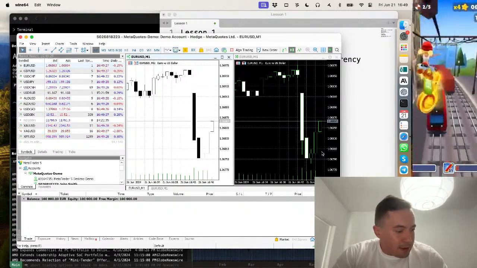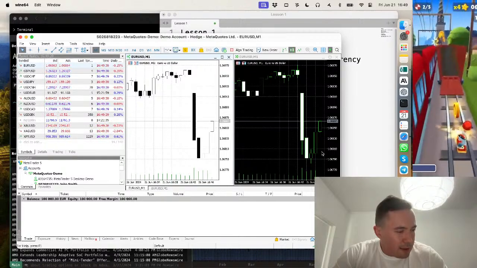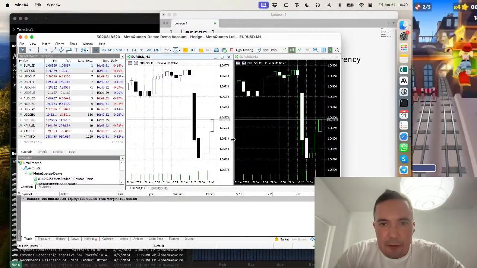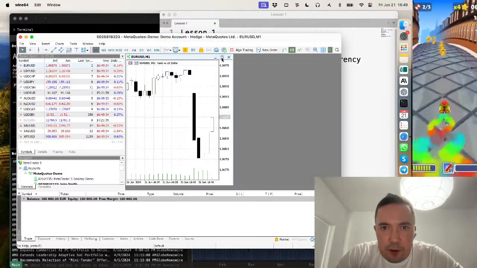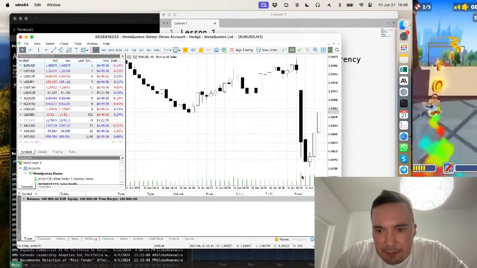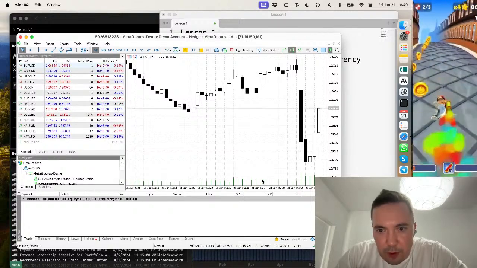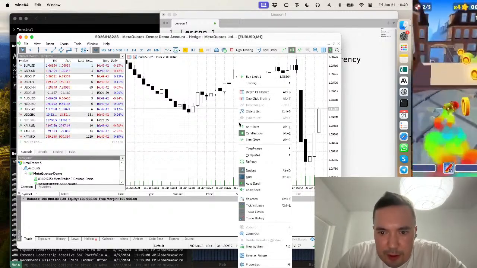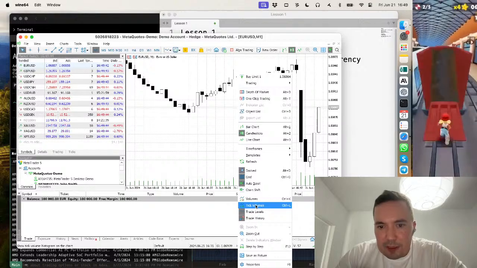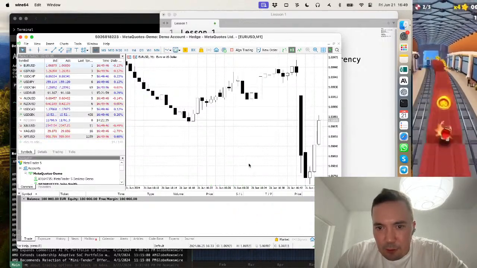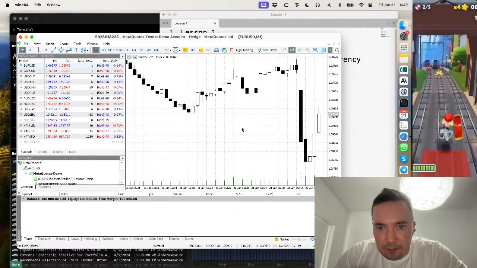Okay, let's quickly see a few other things for the chart. We can see some bars here, some lines. What do they show? They show us tick volumes in this case. We can turn it off, we can turn it on.